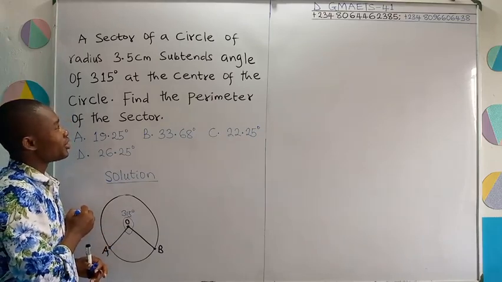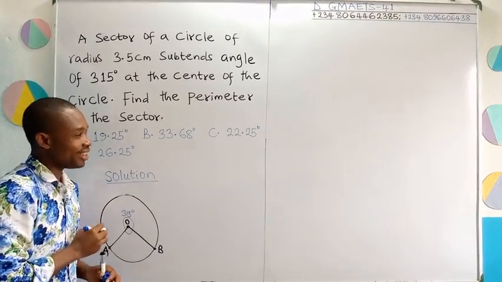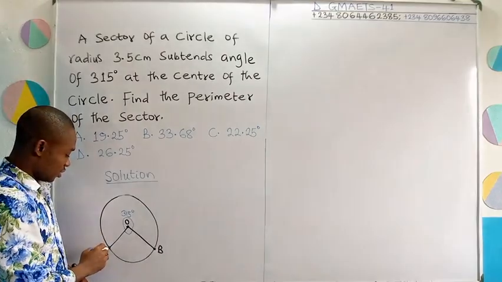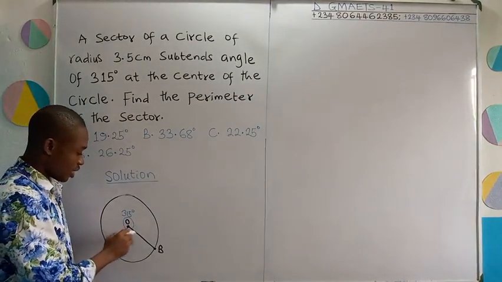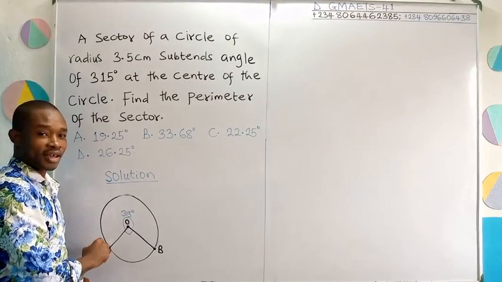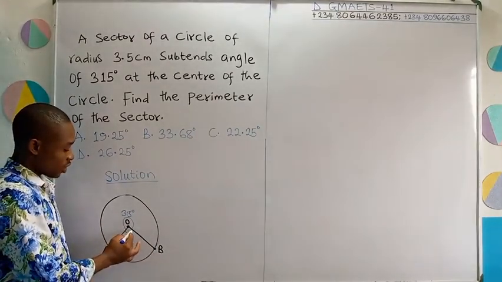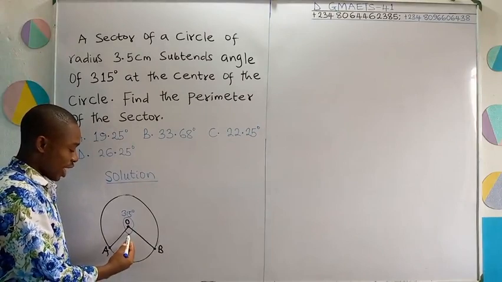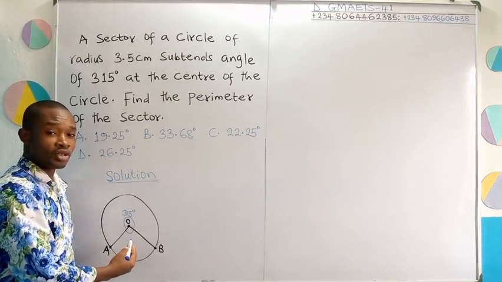And so, since the angle is 315 degrees, the sector whose perimeter we are actually to calculate is this sector with these radii and this major arc. Not this minor arc. The angle subtended by the minor arc is usually an acute angle or an obtuse angle.